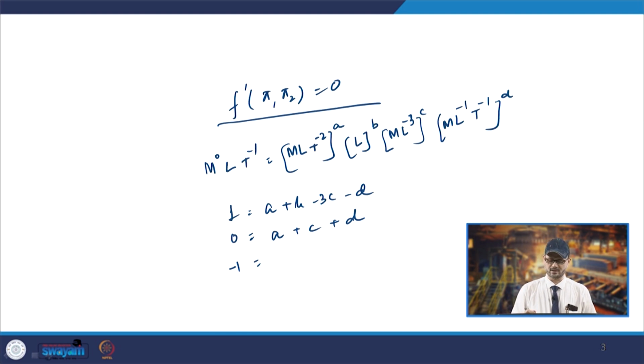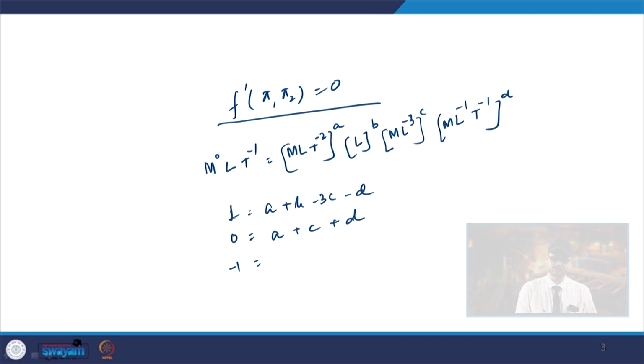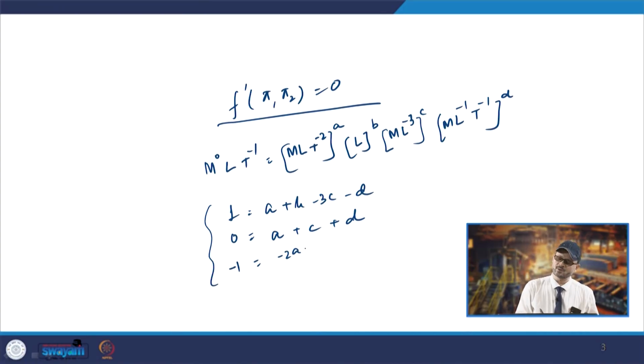So, that way you will have the equations. If you equate these equations, you will have minus 2a and further minus d. So, you can find these a, b, c and d.